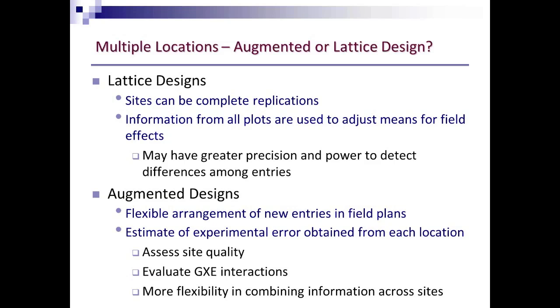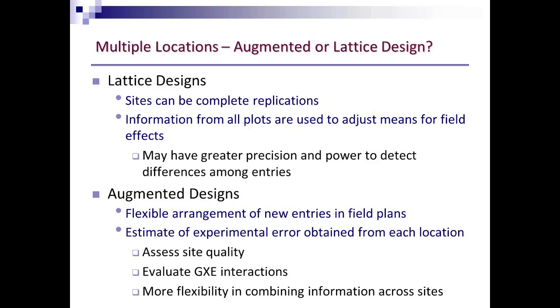However, there are other situations where you might prefer to go ahead and use augmented designs across locations. One desirable feature is that you have very flexible arrangement of new entries in your field plans. I read one paper on participatory plant breeding, for example, where you could actually have growers recommending different augmented varieties at different sites.